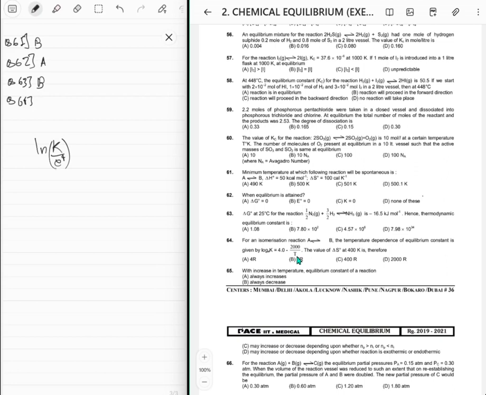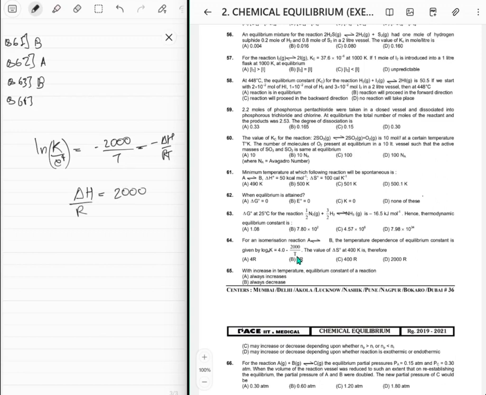That thing is negative 2000 upon T. Well, this thing is just negative delta H upon RT, right? So that just means delta H upon R is 2000.